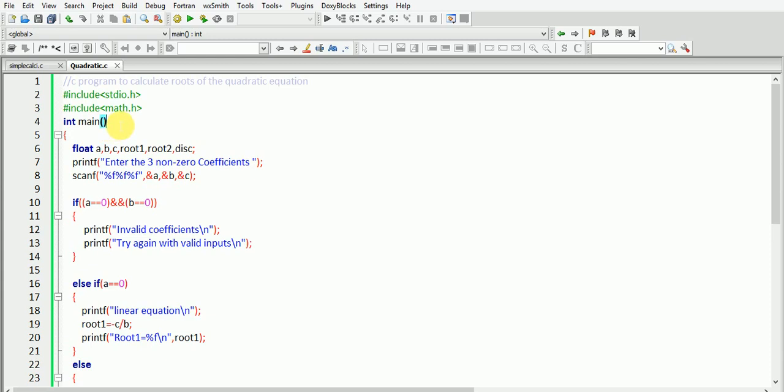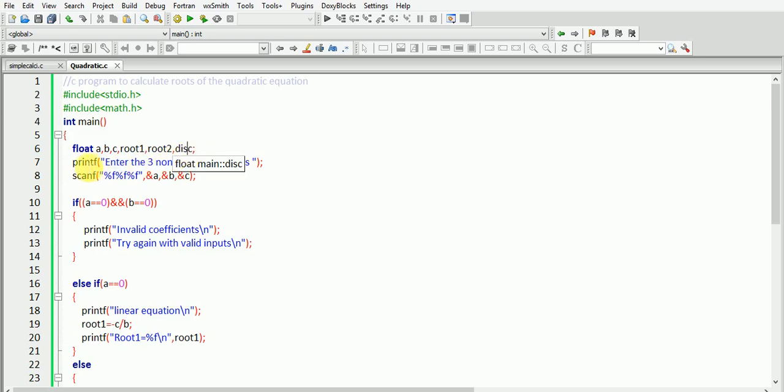The execution of a program starts from main, so I have taken the main function, int main, and I am declaring the variables float a, b, c, which are the coefficients, and I need to calculate root 1 and root 2 as well as the d value, that is the discriminant value.